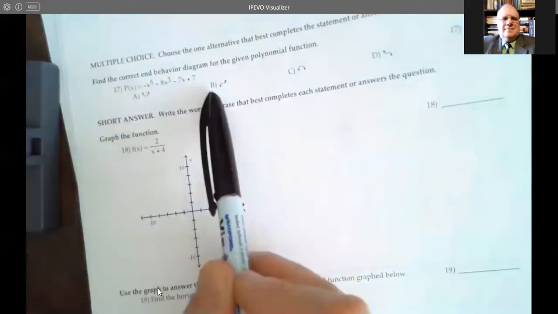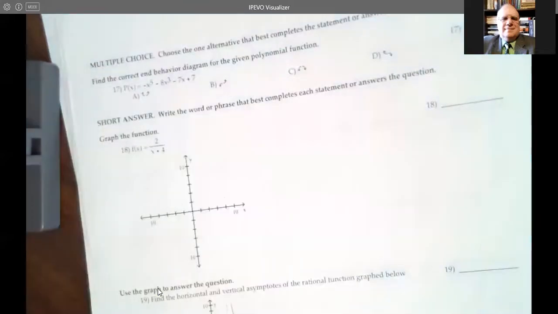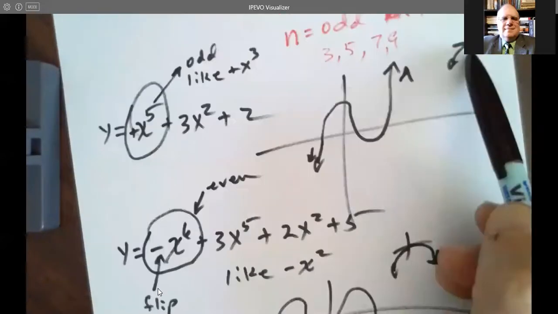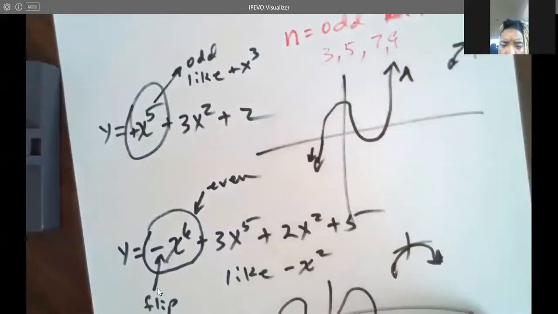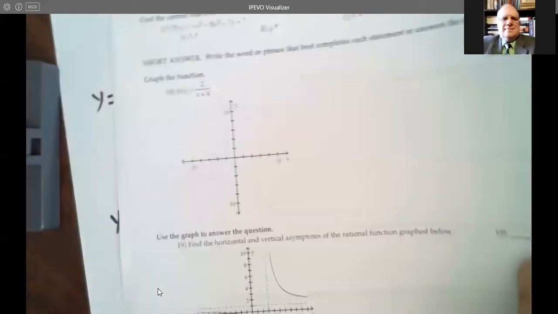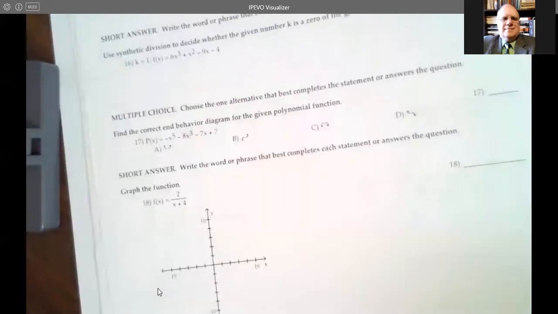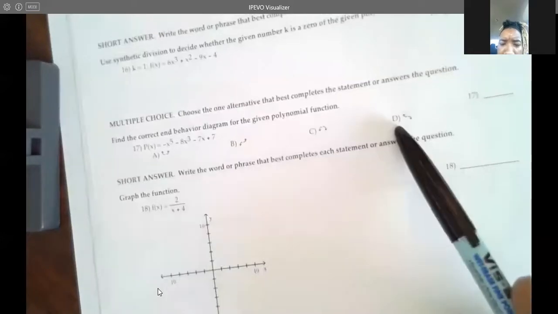So which of these end behaviors would behave like a negative x cubed? If this is a positive x cubed, then what would negative x cubed look like? A, B, C, or D?